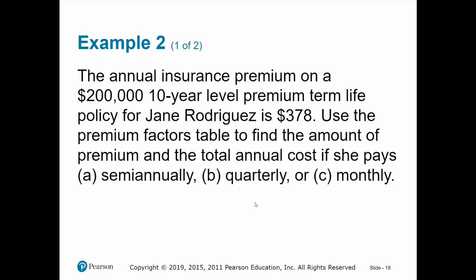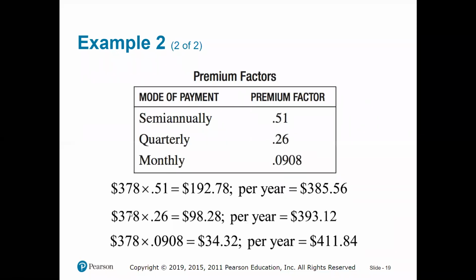The annual insurance premium on a $200,000 10-year level premium term life policy for Jane Rodriguez is $378. Use the premium factors table to find the amount of the premium and the total annual cost if she pays semi-annually, quarterly, or monthly. You just take her annual amount, $378, multiply it, and add that on.